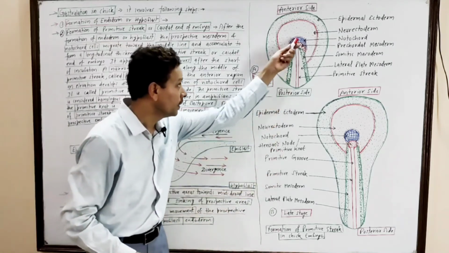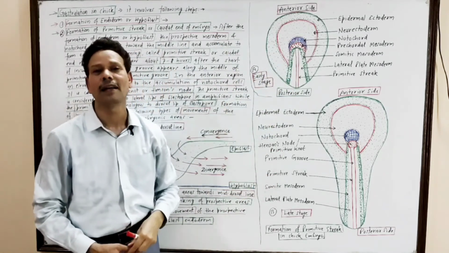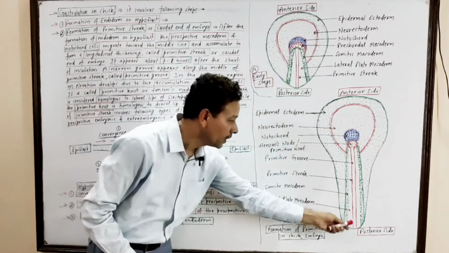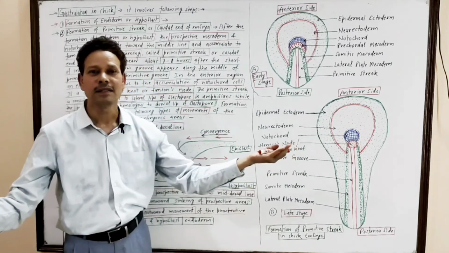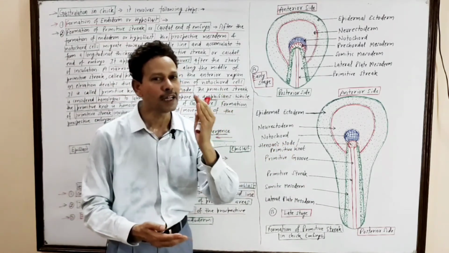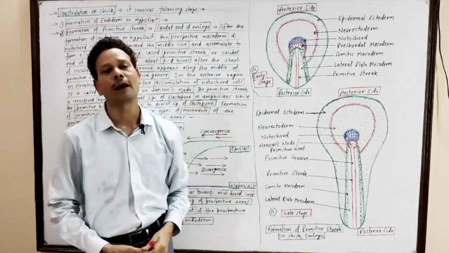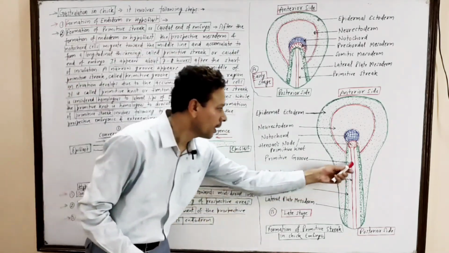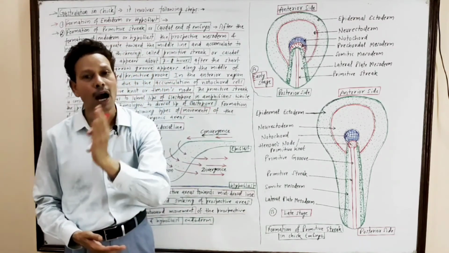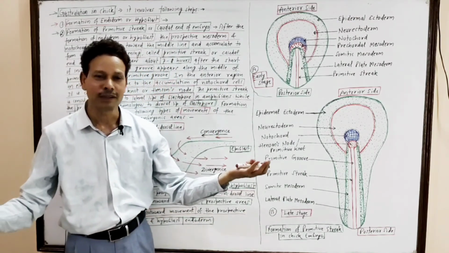As a result, in this center line, mid dorsal line, a longitudinal thickening appears, and that is primitive streak, which represents the caudal region of embryo, the tail region of embryo, and it appears just after 7-8 hours of incubation.